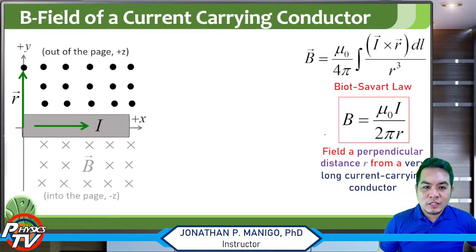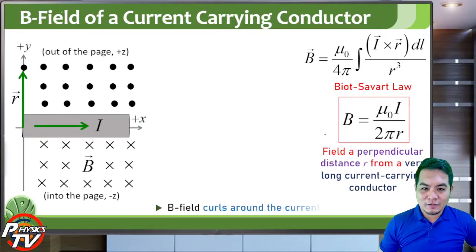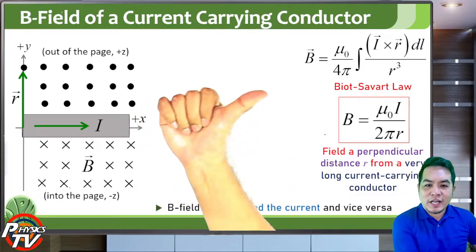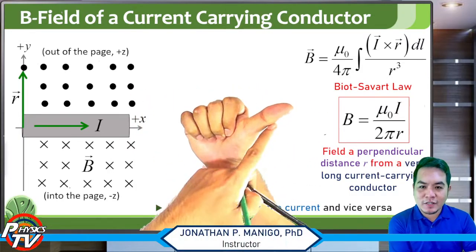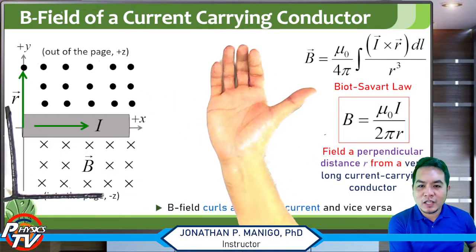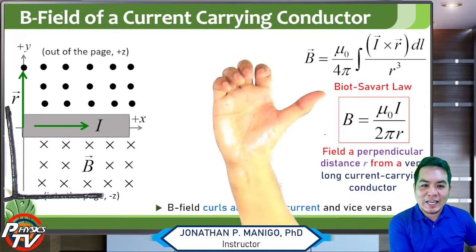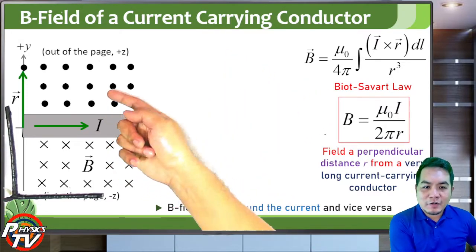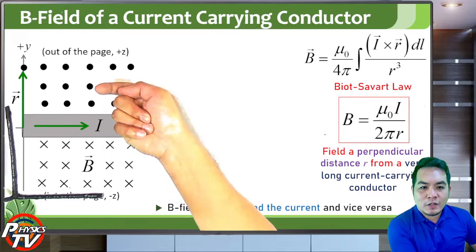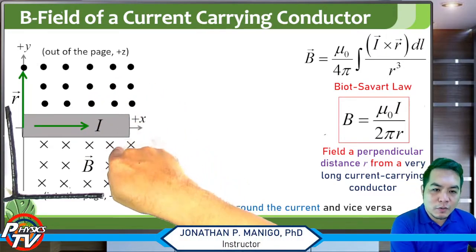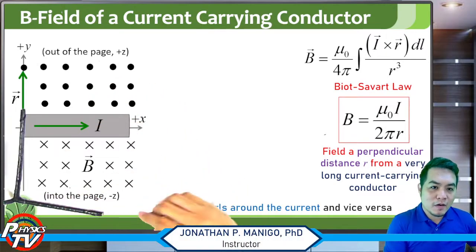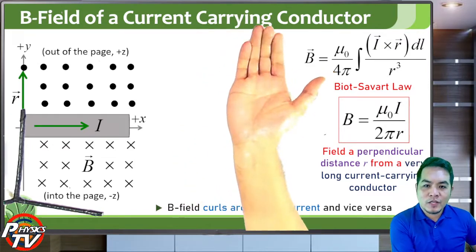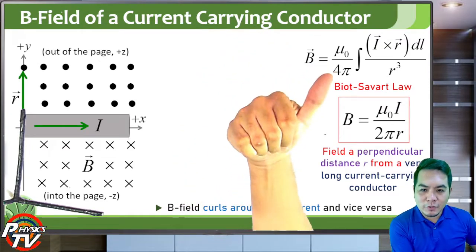The magnetic field still curls around the current. If this is the direction of the current, my thumb is the direction of the current, and the magnetic field will curl around the current. So the magnetic field here is going out, and it will curl around, turn, and go inside in the lower part. So it's going out of the page and then into the page.